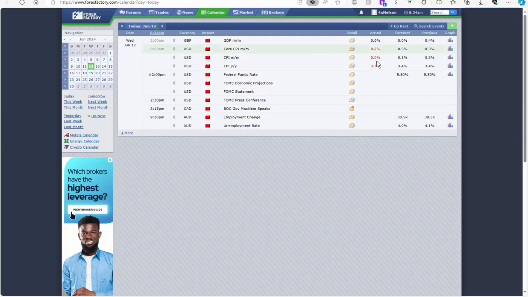So it's negative, which means it's red, as you can see, means we're going to be selling the USD. Now this will affect most Forex pairs, futures, options, the indexes. Like the market will just move as it did today.